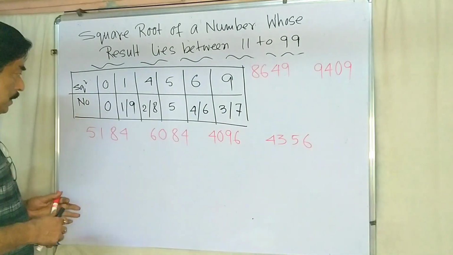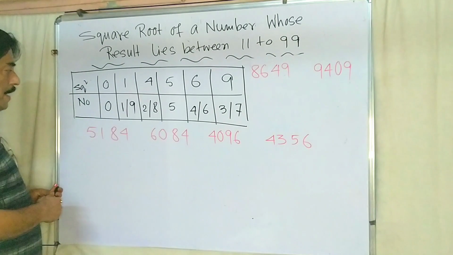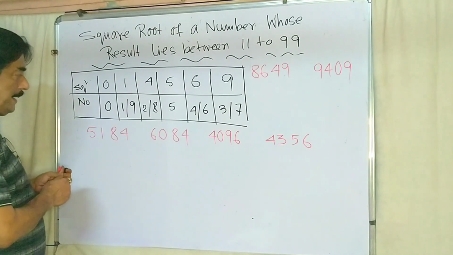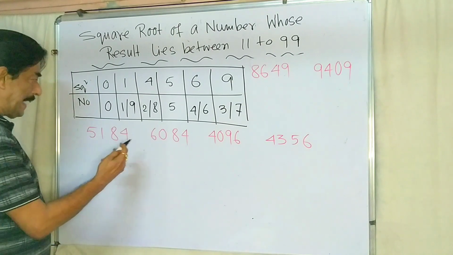What is the rule? First of all, divide the given number into two parts, leaving two places from the right side.